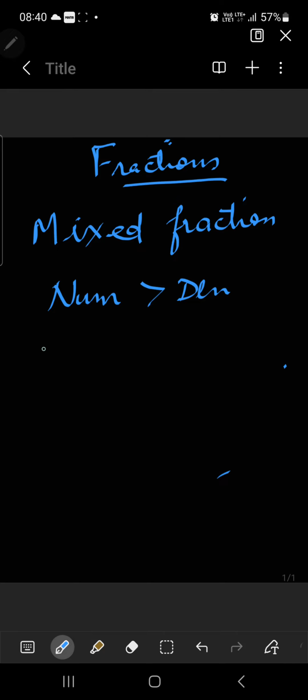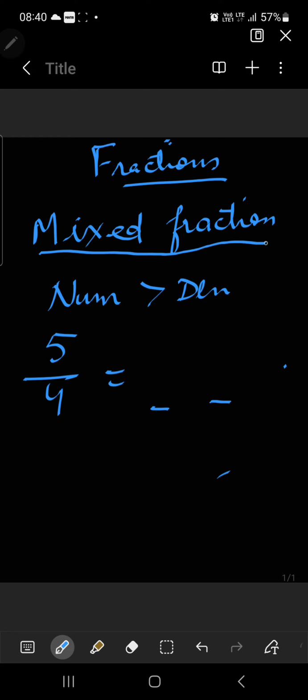Okay. Like this is our improper fraction. If we write this improper fraction in a combination of a whole number and a fraction, then it becomes a mixed fraction. How you do that? One of the ways of doing it is you just have to divide 5 by your denominator.